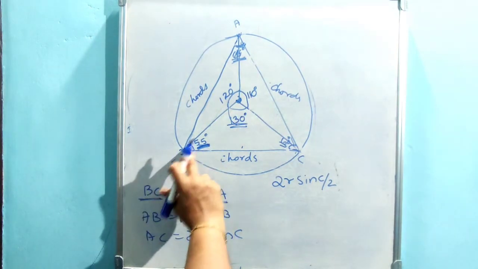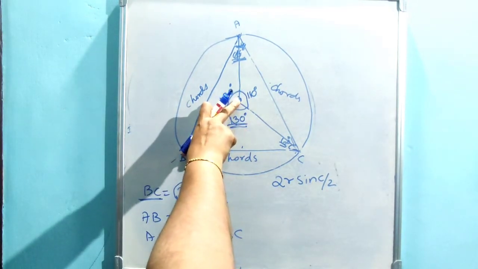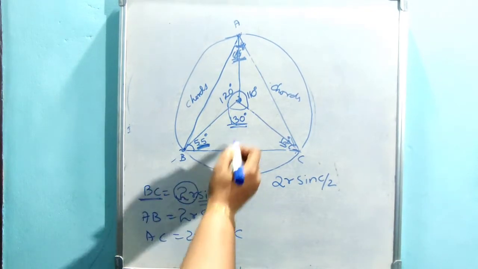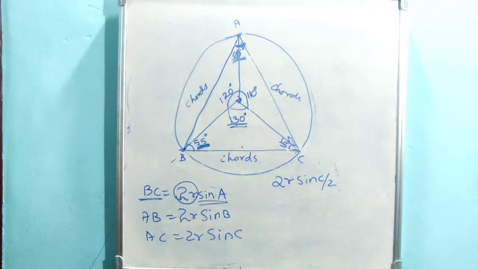This is the circumradius, so 2 times the circumradius into sine of the opposite angle.